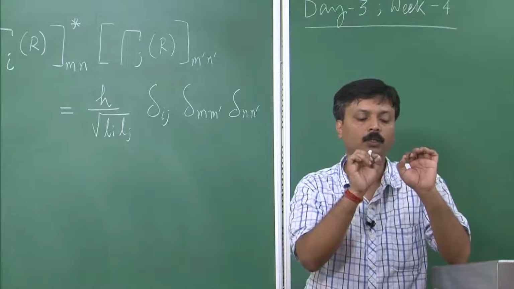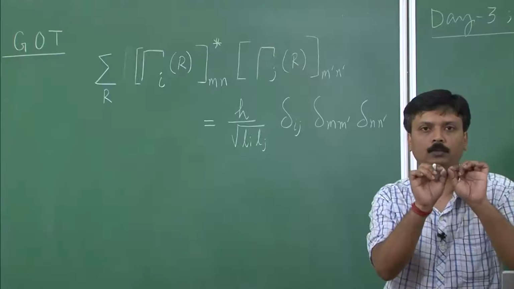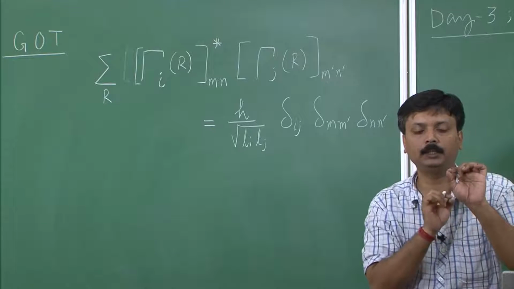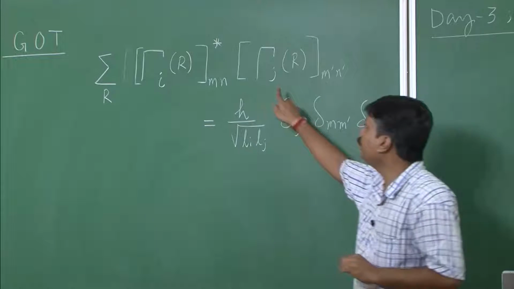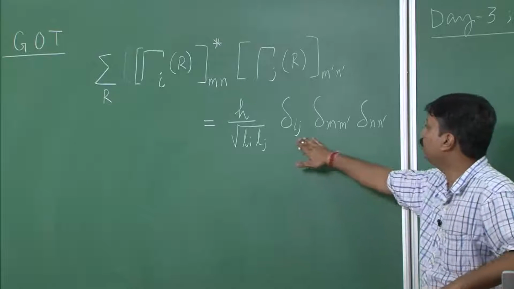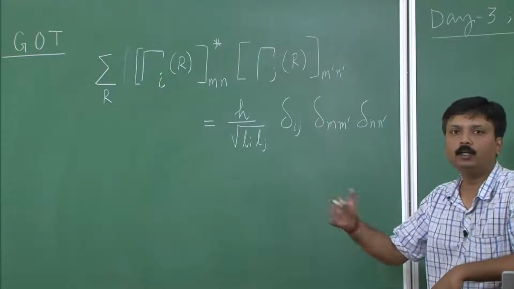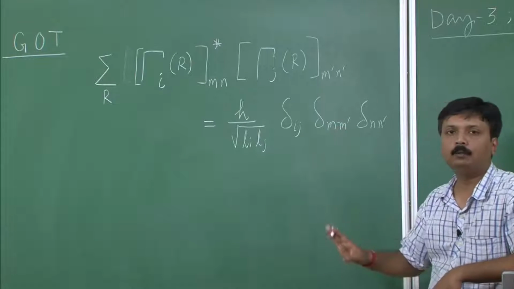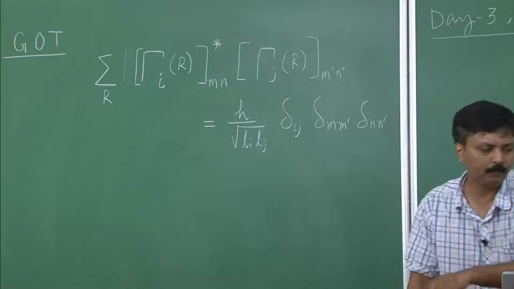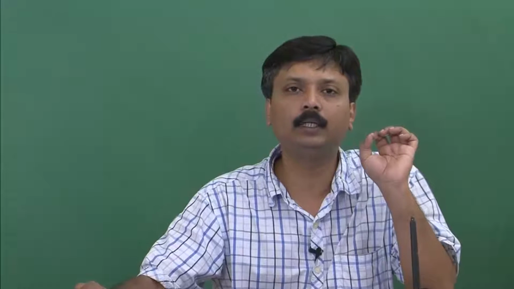So if I choose one element from one particular matrix corresponding to one particular irreducible representation, then I can have another one from another irreducible representation, and these are the Kronecker deltas relating i and j, that is two different IRs, m prime, that means two different elements, and also n prime, two different elements. So now what does this mathematical relation mean?